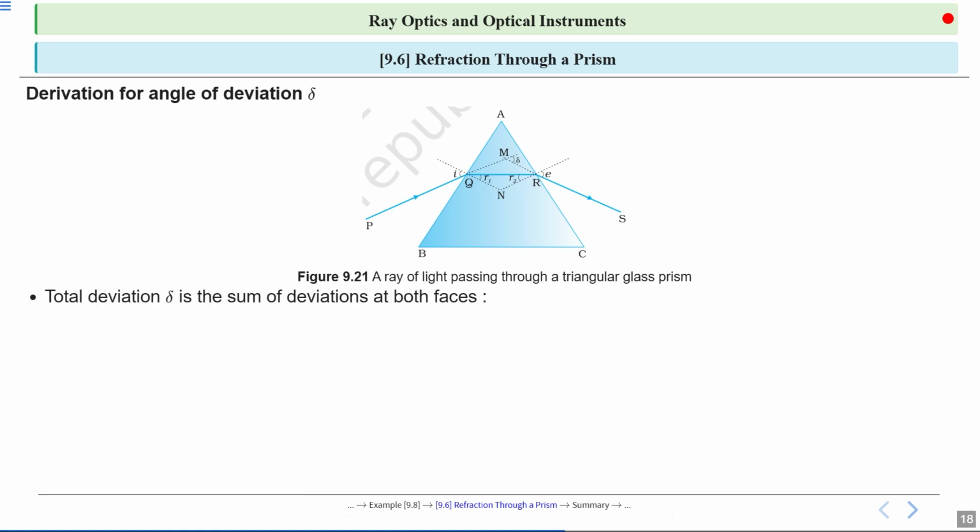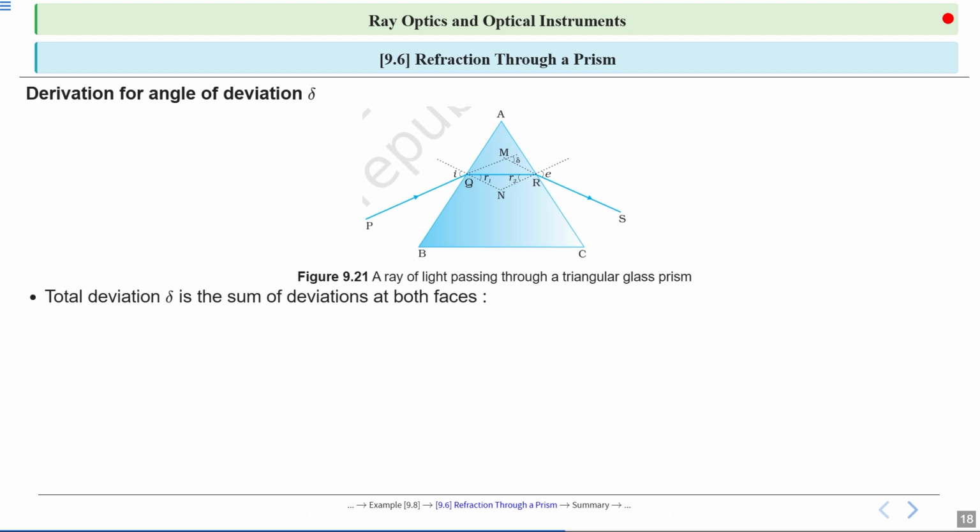Now let's talk about the total deviation denoted by delta. This deviation is the sum of the angles by which the light ray bends at both entry and exit faces of the prism. Understanding this sum is crucial for calculating how much the light path changes. Okay, so light is deviating at two surfaces.